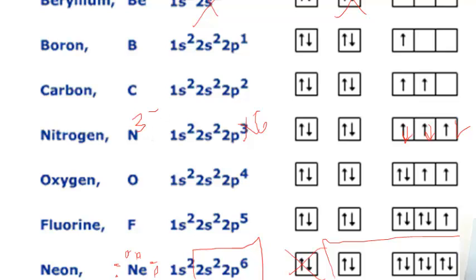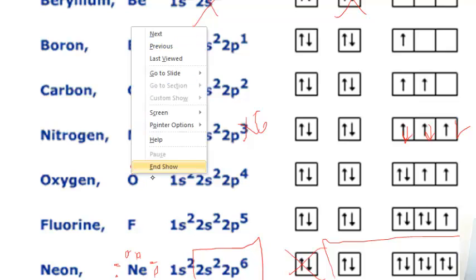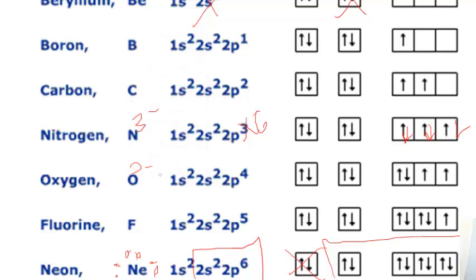Oxygen, you should remember, goes to 2 minus. It needs to gain 2 electrons to become stable. So it goes to 2 minus, and instead of 2p4, it goes to 2p6. So we put an electron in this orbital, and an electron in this orbital. Notice it forms this when it's part of a compound and it's gained those electrons from, of course, a metal. Now fluorine becomes F minus.